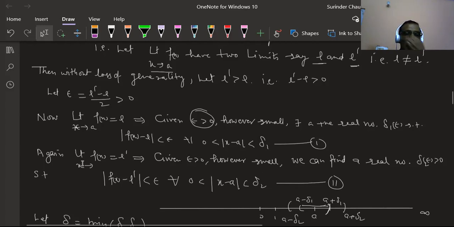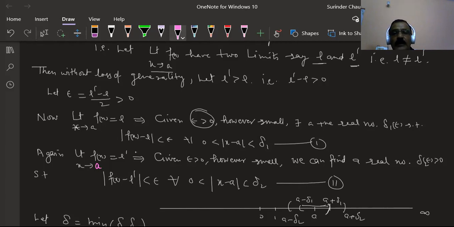Okay? And because we have supposed this function has two limits, the other limit is the limit as x approaches a of f(x) equals L dash. By the definition of limit, what does this imply?